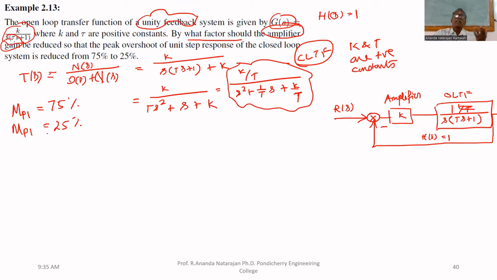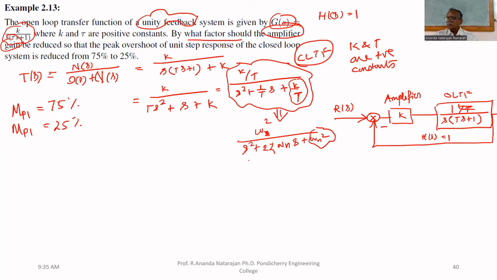What is the relation between k and overshoot? If you take the transfer function, you compare this with the standard form, omega n square upon s square plus 2 zeta omega n s plus omega n square. Here, in place of omega n square, k by tau is there.